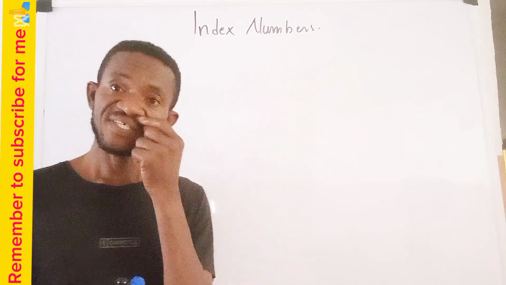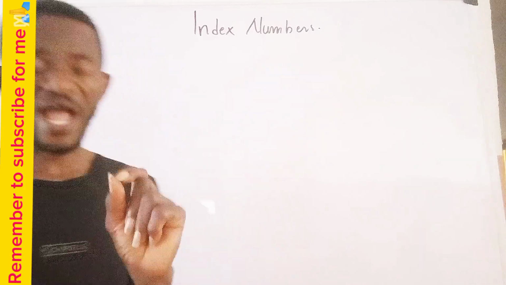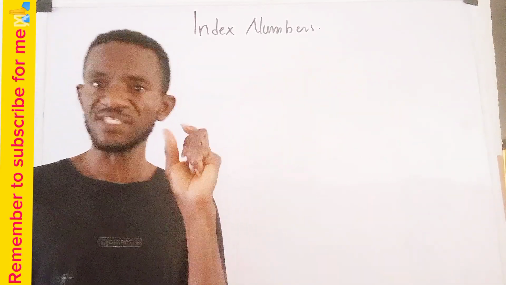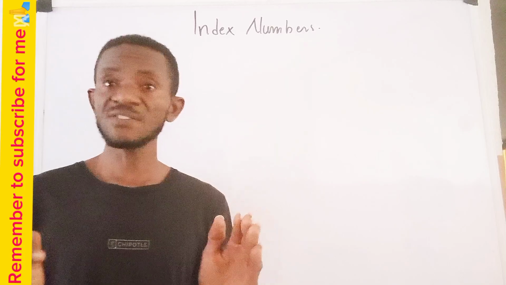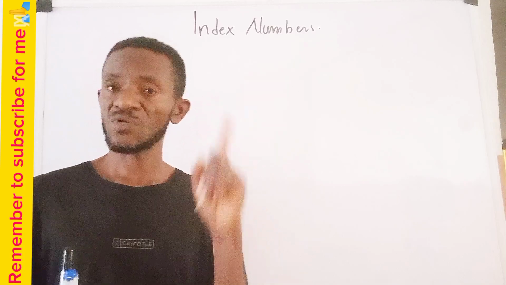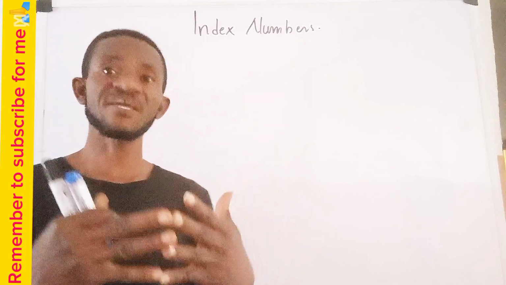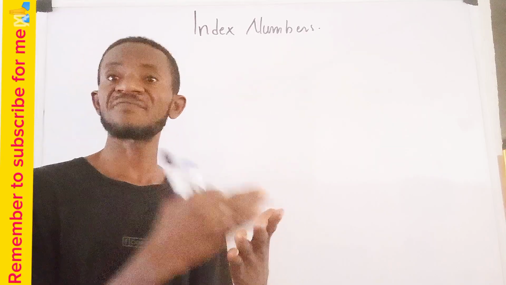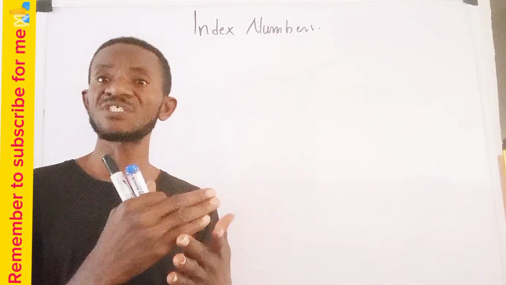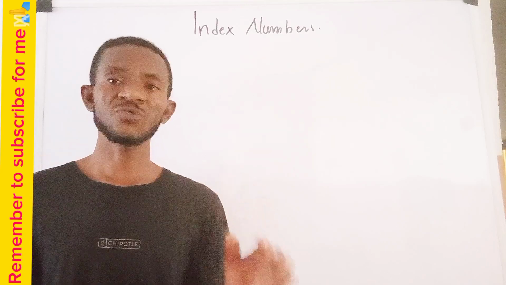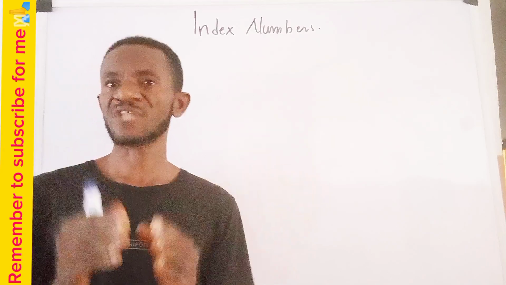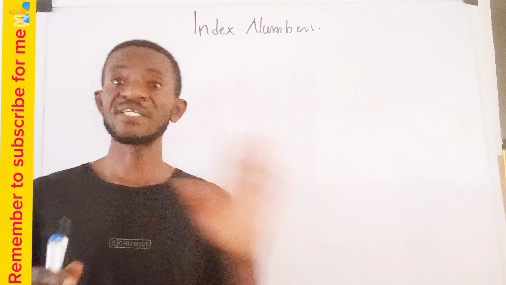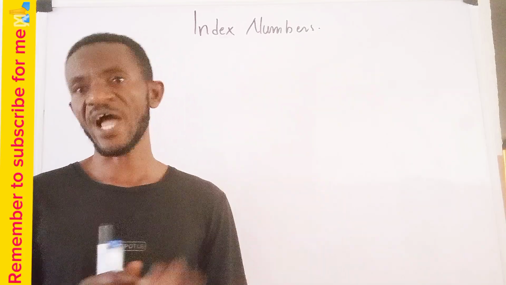I repeat, an index number is defined as a statistical measure. It tells us the percentage changes in a variable or group of related variables in terms of either the price of the variables, the quantity or the volumes of variables over a period of time or at different time points. That's what we call an index number.